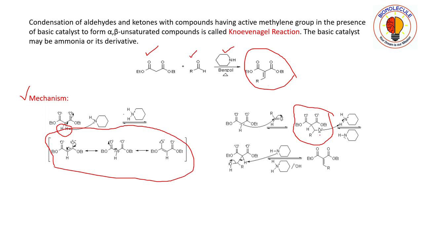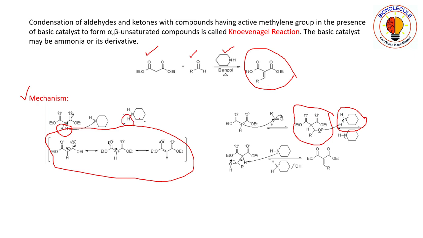Now this oxygen will have a negative charge over here and it will take a proton from the protonated base. Look over here. This piperidine first takes the proton and becomes N plus. That is, nitrogen has tetravalency here, so it always has a tendency to lose this proton.